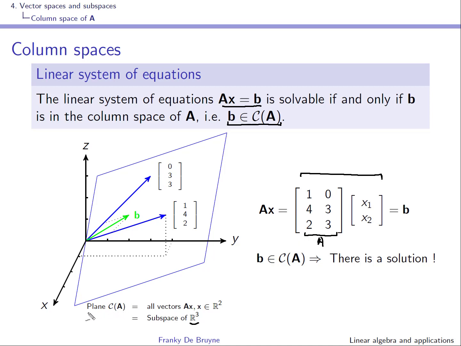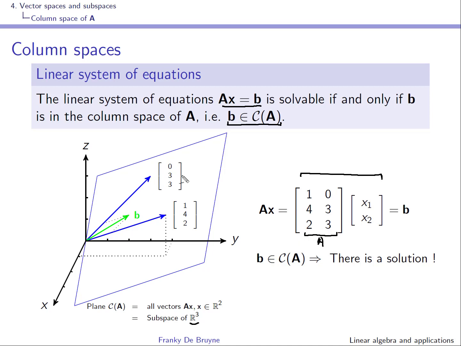So in our case, the plane that corresponds to the column space is the one that I've drawn over here. It's indeed a subspace of R3, and it goes through the origin. I've shown the two vectors over here, the first column, first vector, and the second column, second vector.